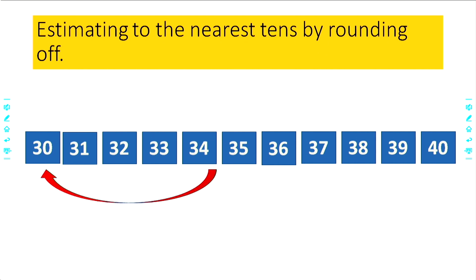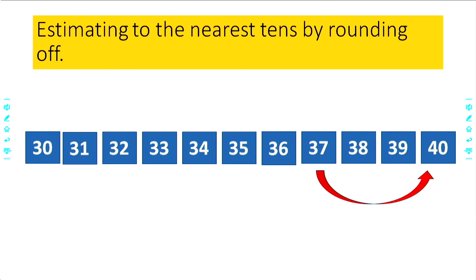Like the same way, 34 is round off to 30 and 39 is round off to 40. We round off 38 to 40 because it is nearer to 40. Like the same way, 37 is also nearer to 40, so we round off 37 to 40. Similarly, 36 is also round off to 40. Well, children, you know 35 is nearer to 40, we round off 35 to 40.